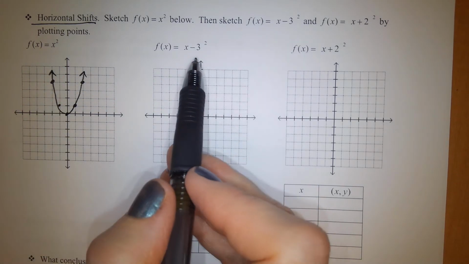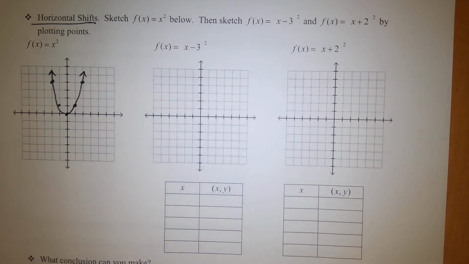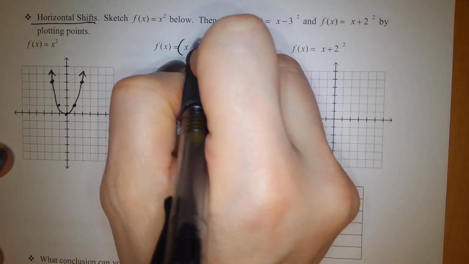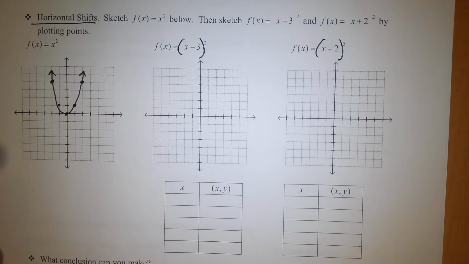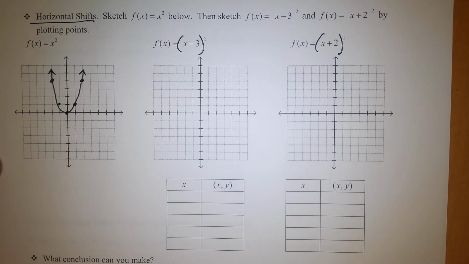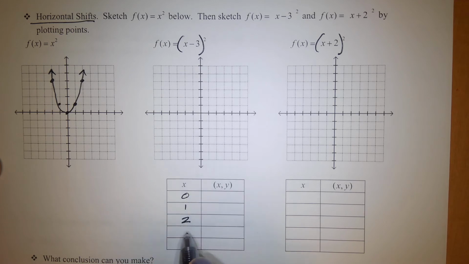Now I'm going to do a shift from that position. This is going to be (x minus 3) squared. My parentheses are missing there. So I'm going to do (x minus 3) squared. Let's look at what the table is going to look like. I'm going to put in some points here: 0, 1, 2, 3, 4, and 5.